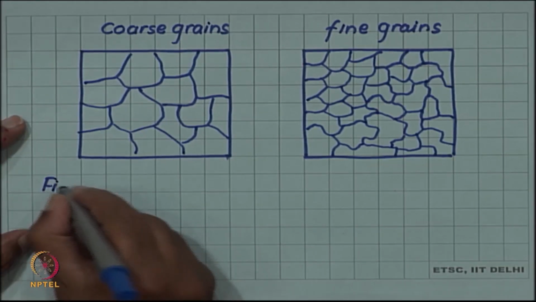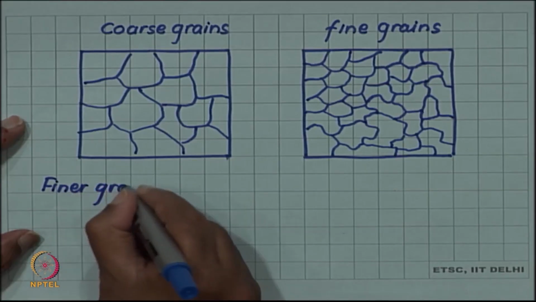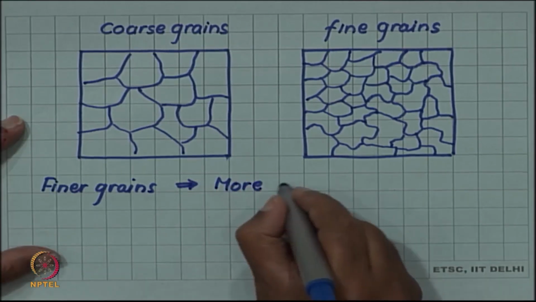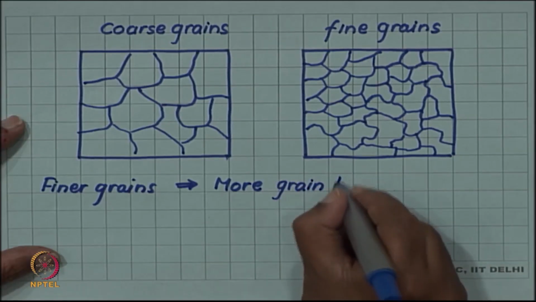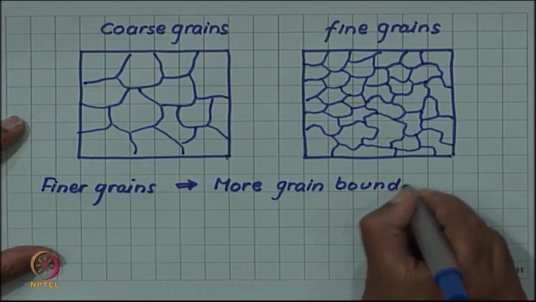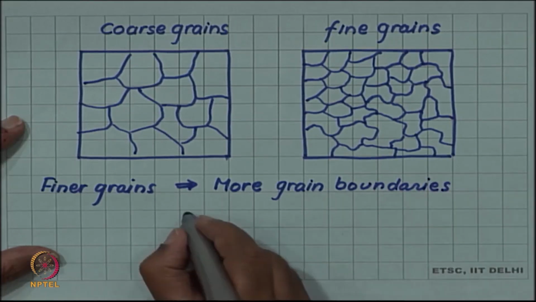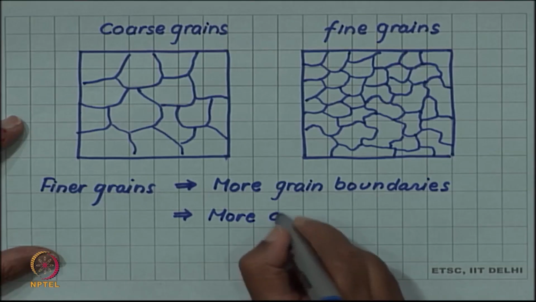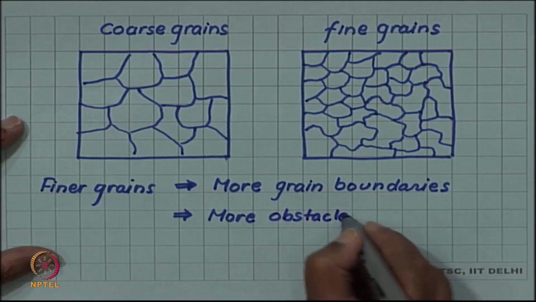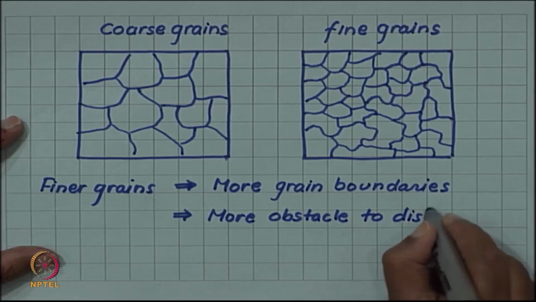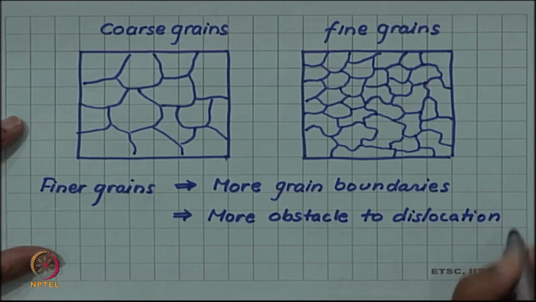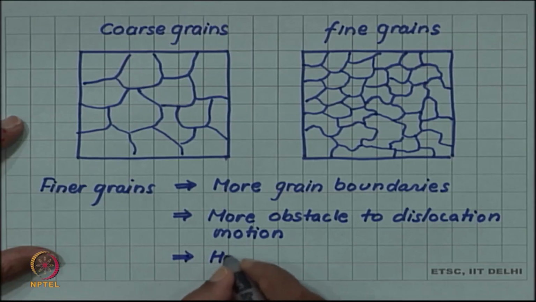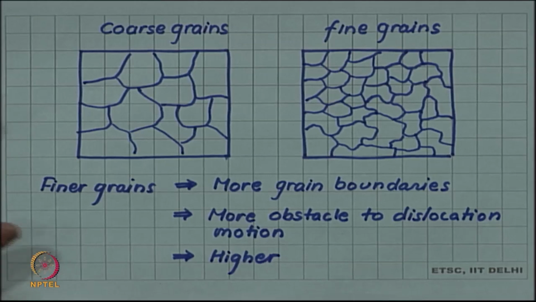So, finer grains have more grain boundaries, so more obstacles to dislocation motion, which means higher stress is required to cause plastic deformation.